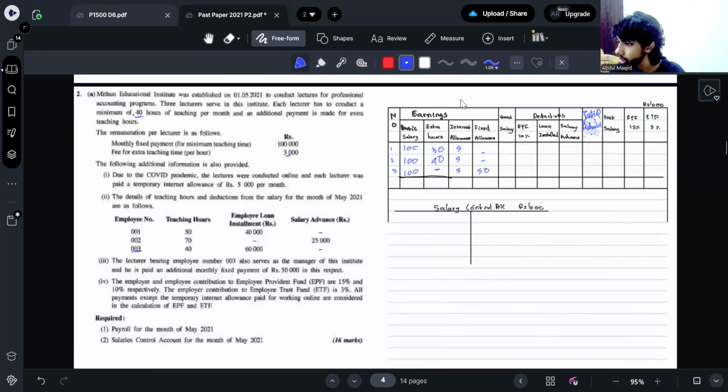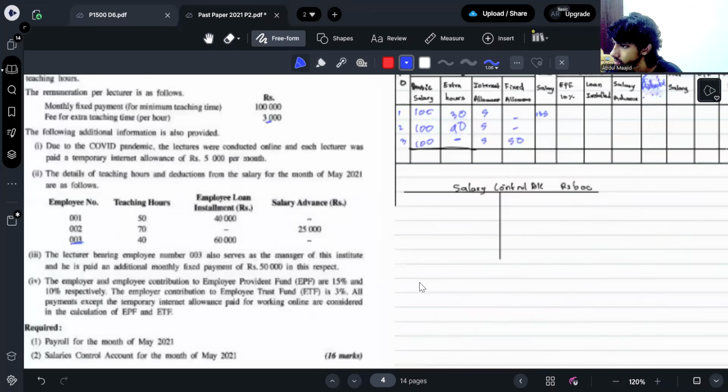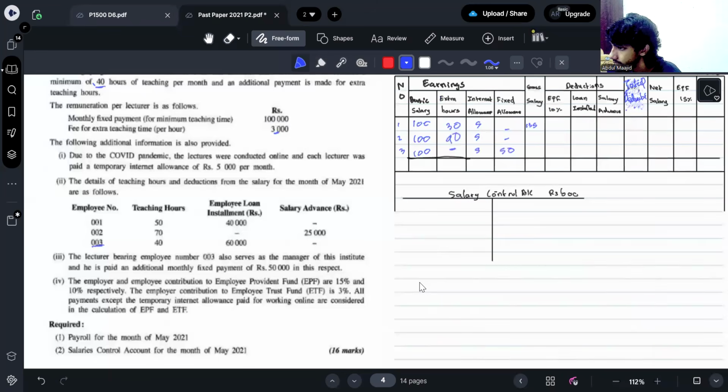Okay, then the gross salary will be 135, 195, 155. Now the EPF employee contribution and employer contribution will be calculated after deducting the internet allowance.